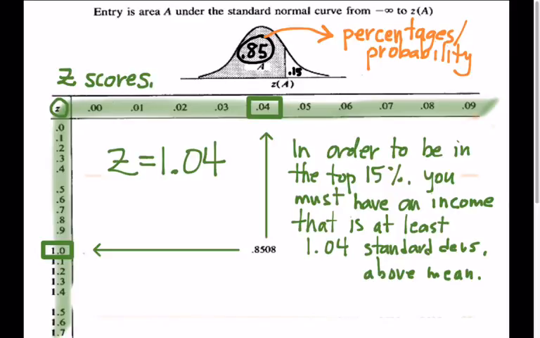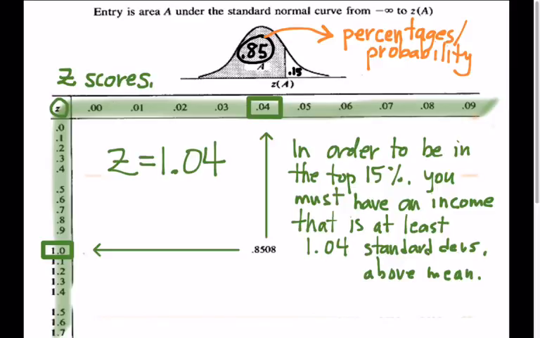Believe it or not, even though I'm a mathematician, I'm not a huge believer in formula all the time. Let's see if we can take the sentence that's written up here on the screen and use that sentence to stand in for this formula. So I want to know what income is 1.04 standard deviations above the mean.